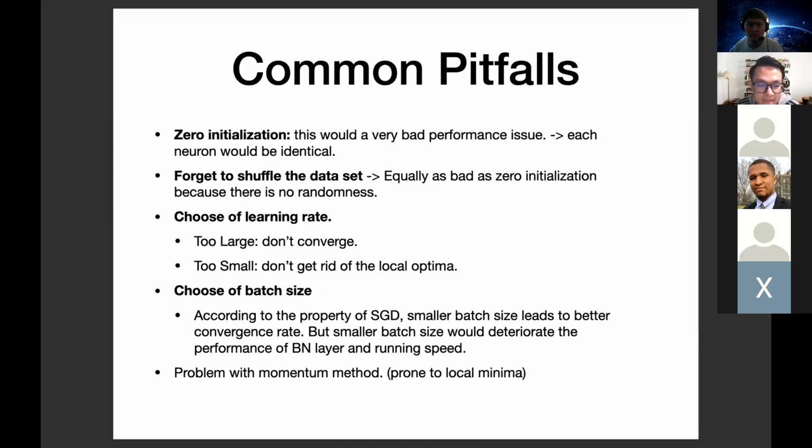The third is the choice of your learning rate. As I said before, if you choose a very large learning rate, your model will not converge. And if you choose a very small learning rate, you may get stuck in a local minimum. Also, the choice of batch size is very important to your training.